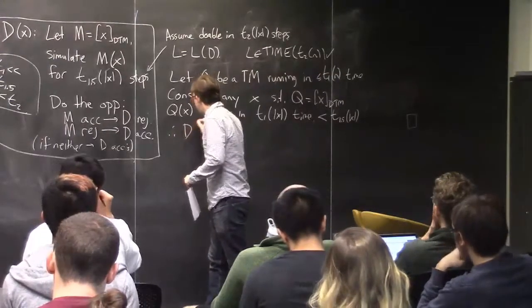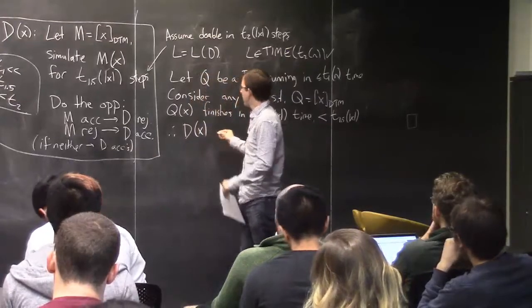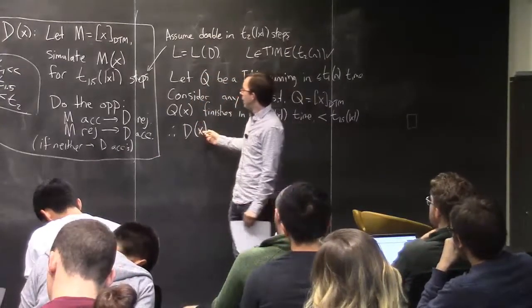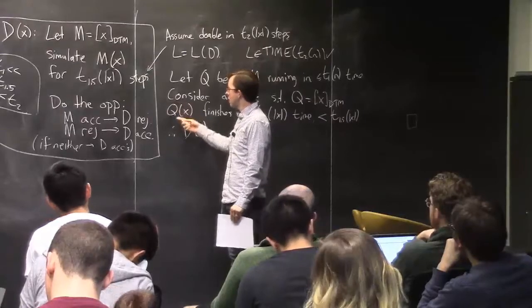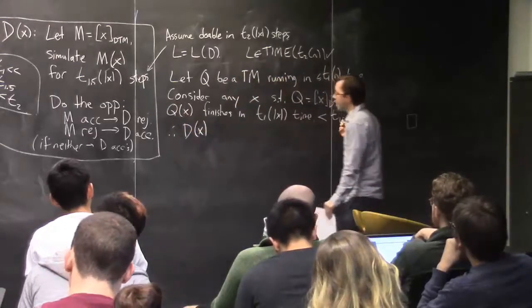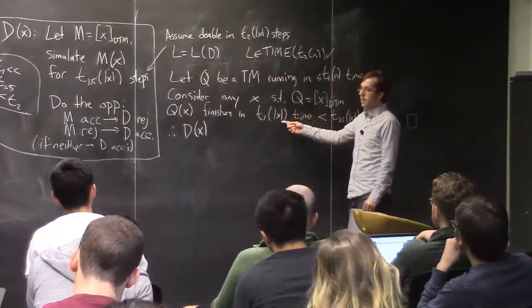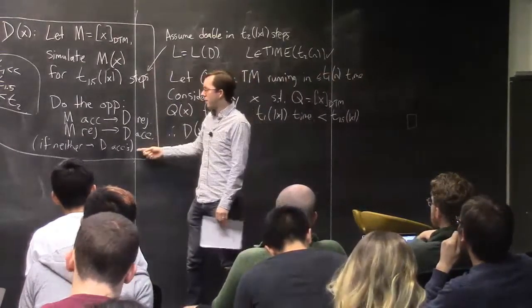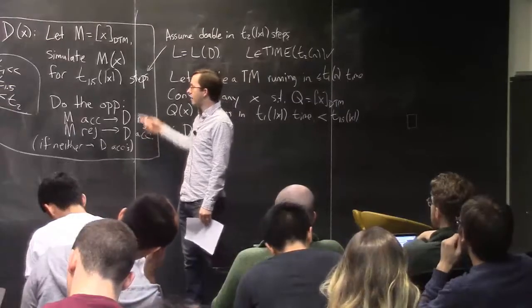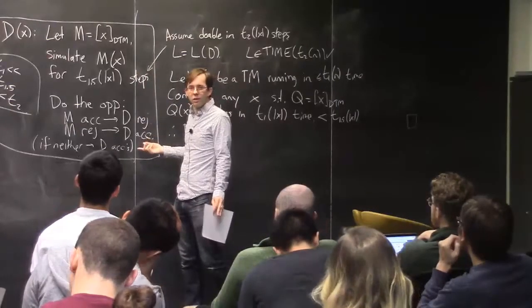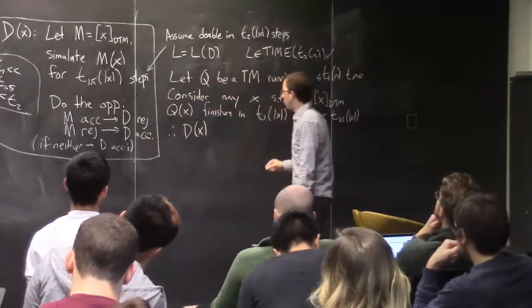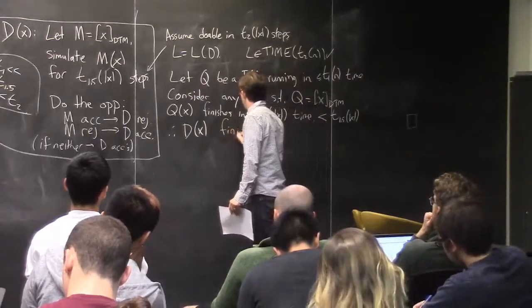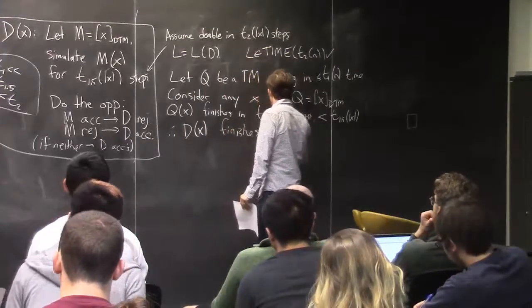OK, so what does that mean? Therefore, when you run D on this X, D figures out that X encodes Q, and it starts simulating Q of X for this many steps. Q actually finishes in this many steps. So this is fine in the sense that this doesn't happen. Q on X in this simulation actually finishes. So everything is cool. It finishes the simulation.